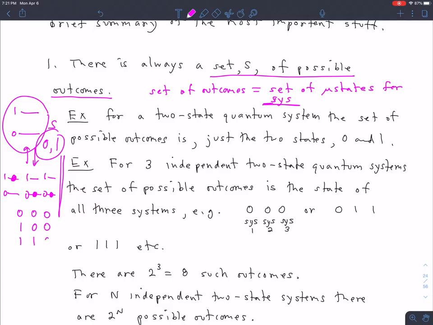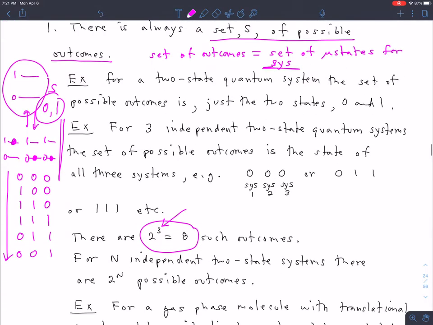Or I could have outcome 1, 1, 0, or 1, 1, 1, or 0, 1, 1, or any of these possibilities. Those are all possible outcomes, but now obviously there's more than 2 of them. In fact, since there's 2 choices for each of 3 molecules, there's 2 to the 3rd power, or 8 possible outcomes, and now that's your outcome set.